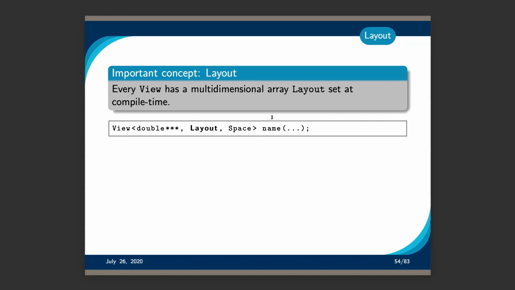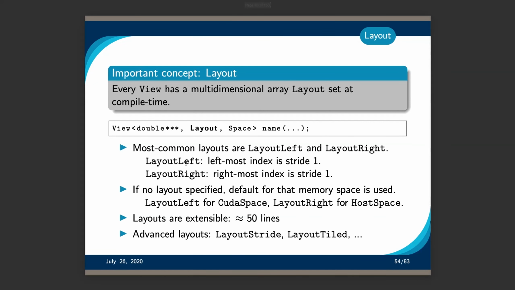We call them layout left and layout right. The reason that we call them layout left and layout right is that column major and row major only really make sense for 2D. Layout left and layout right make sense in higher ranks. And essentially what layout left means is the leftmost index is stride 1, and layout right means the rightmost index is stride 1, and they monotonically increase.